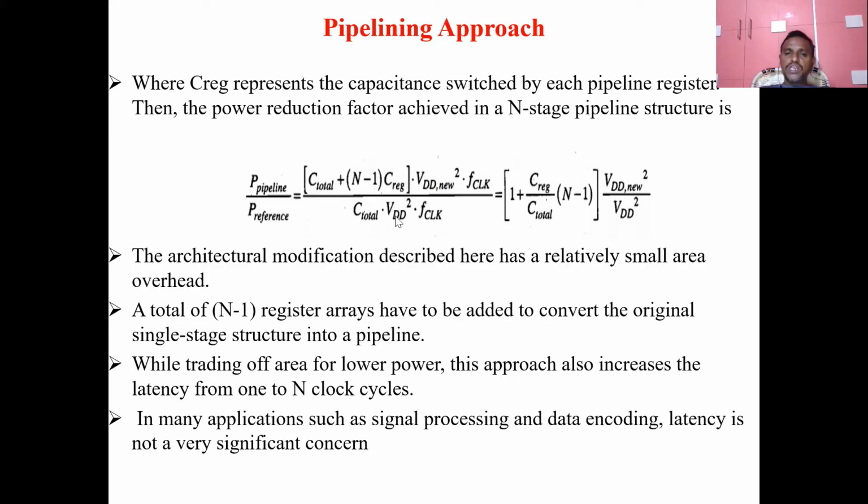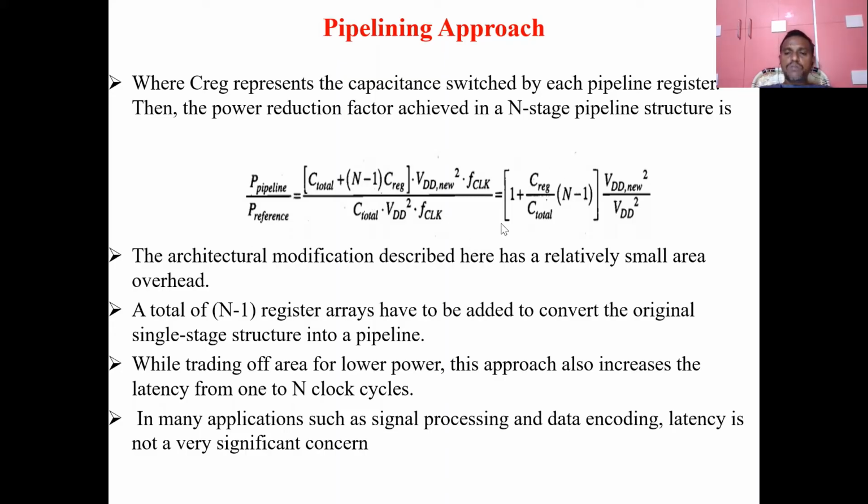But this VDD is different from that VDD, because that one is for the single stage and this one is for the multi-stage, or the pipeline approach. So that's what we have for the ratio of pipeline power consumption to the reference, the single stage power consumption.